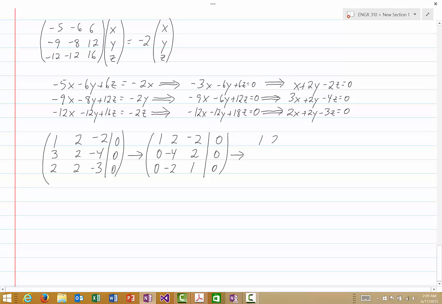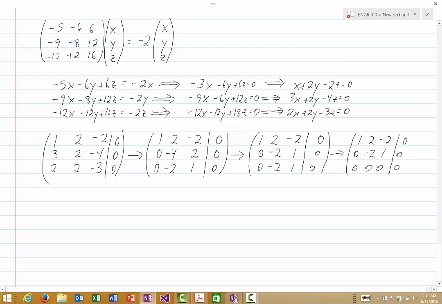So we get 1, 2, negative 2, 0, 0, negative 2, 1, 0, 0, negative 2, 1, 0. And so now we add negative of the second row to the final row, and we'll get 1, 2, negative 2, 0, 0, negative 2, 1, 0, 0, 0, 0, 0.